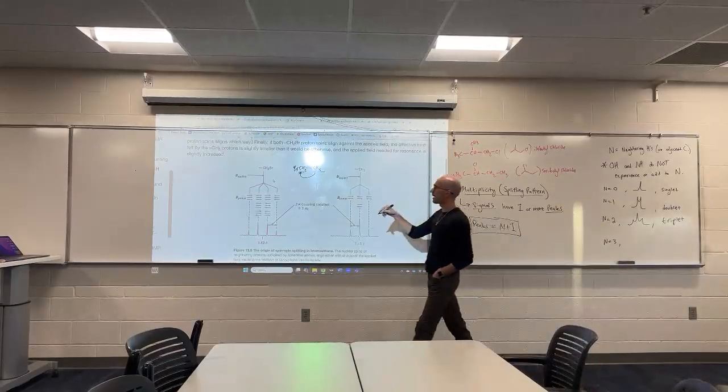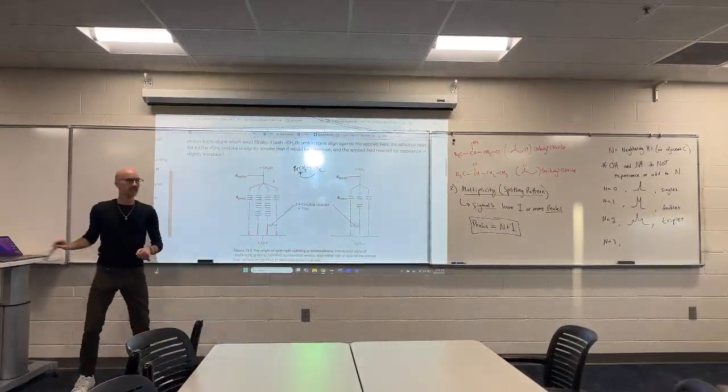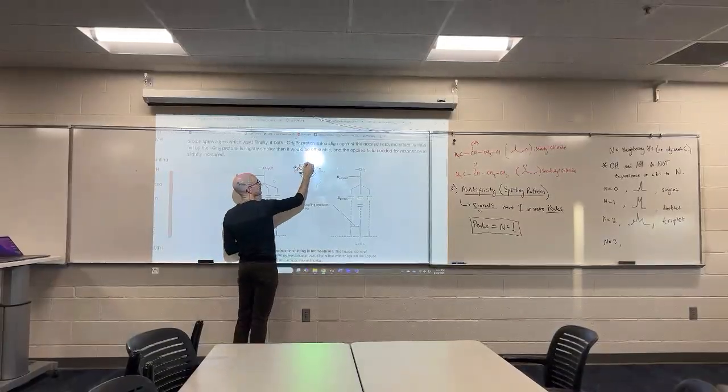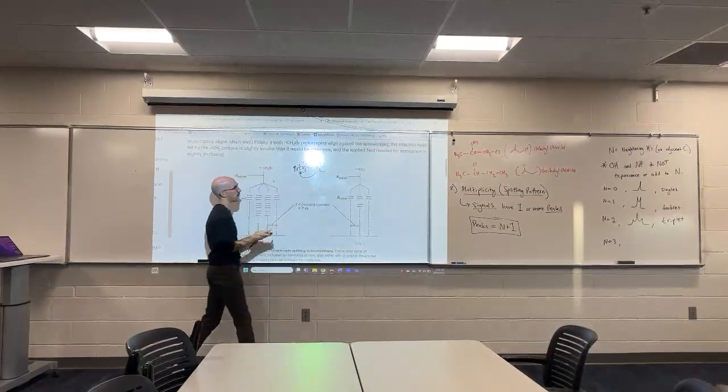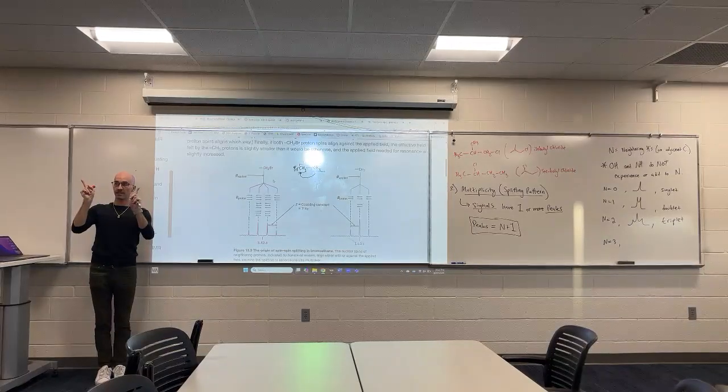Let's look at the other way. These 2 hydrogens on the CH2, how many neighbors do they have? 3. These neighbors, they impact each other.